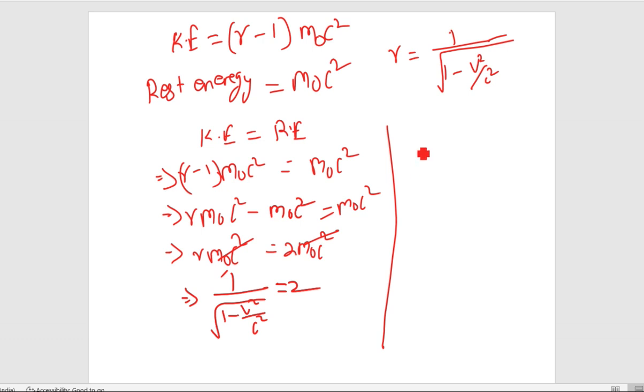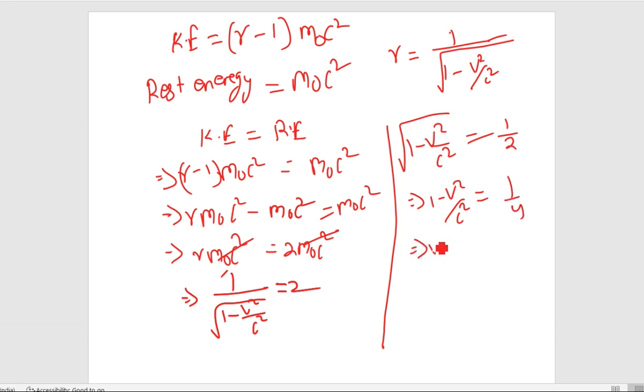Now I can write square root of 1 minus v square by c square is equal to 1 by 2. Taking the square on both sides, 1 minus v square by c square becomes 1 by 4. So v square by c square becomes 1 minus 1 by 4, which is 3 by 4.